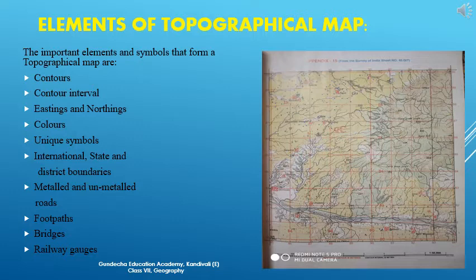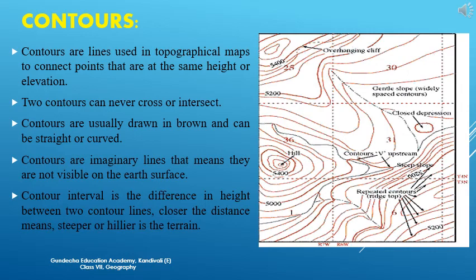First, let us talk about the brown lines which you can see on the given map. These brown lines are known as contour lines. Contours are lines that are used in topographical maps to connect points that are at the same height or elevation.